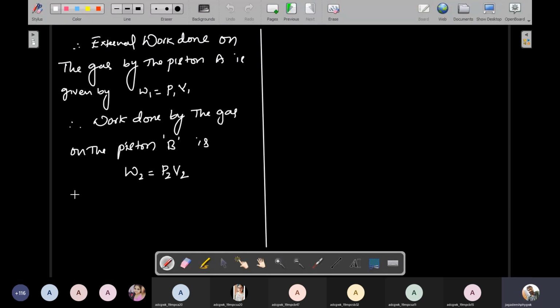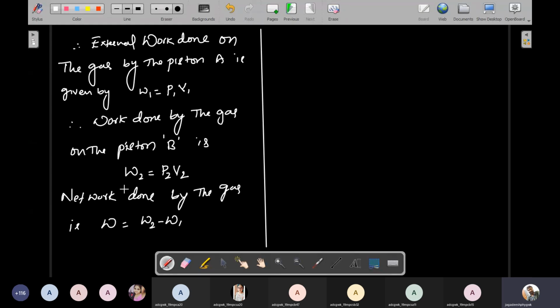Now what is the net work done? Net work done by the gas is W is equal to W2 minus W1.